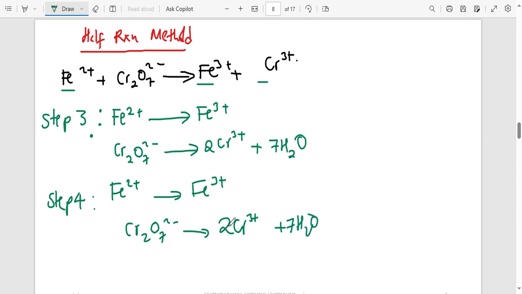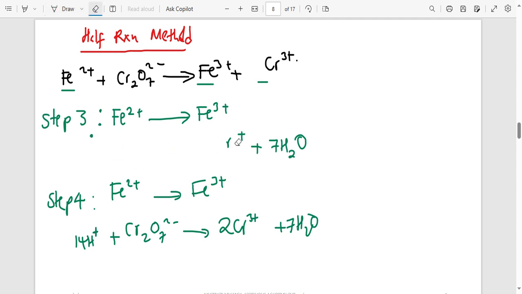On the product you have 14 hydrogens. So add 14 hydrogen ions on the other side. Okay, that is step 4.